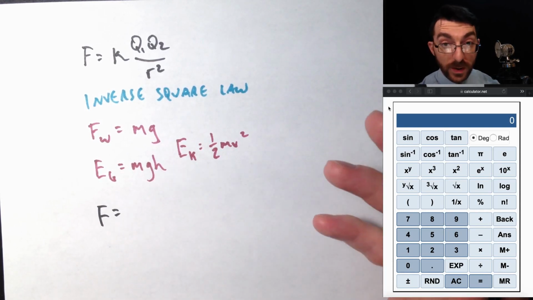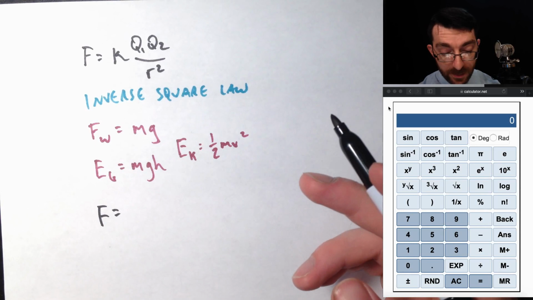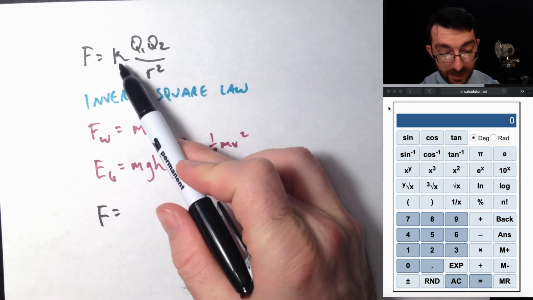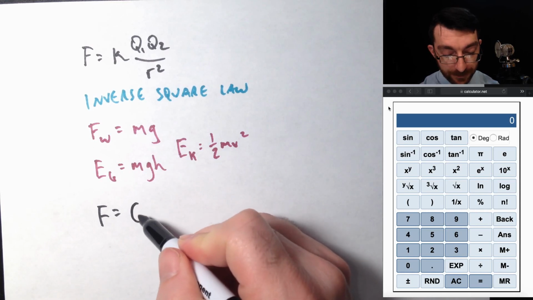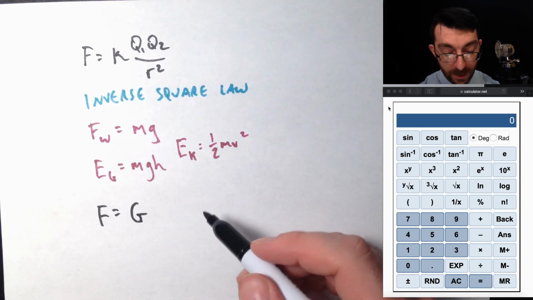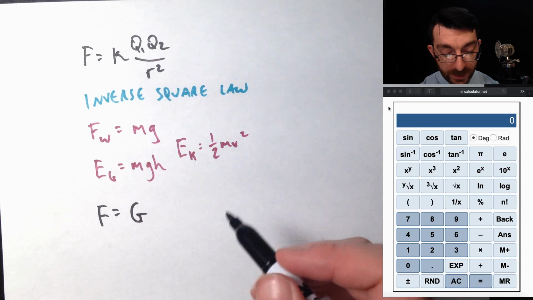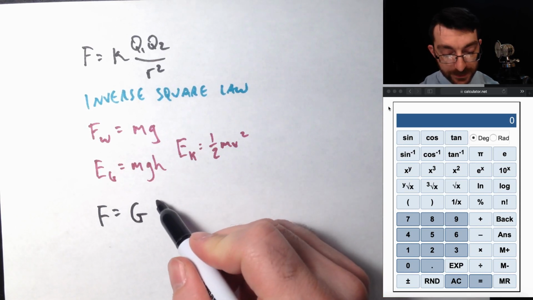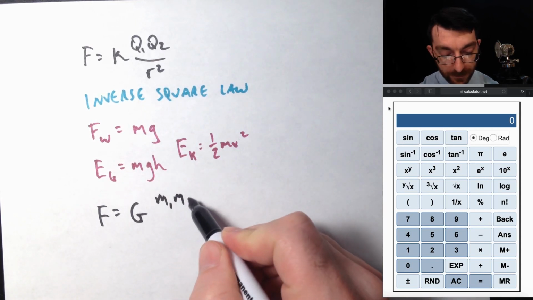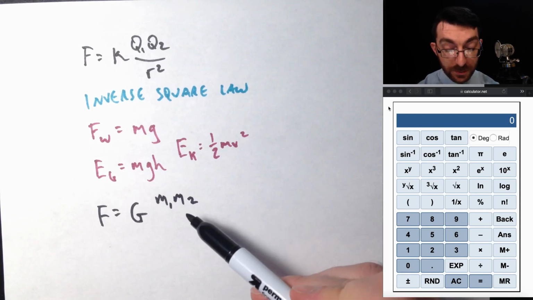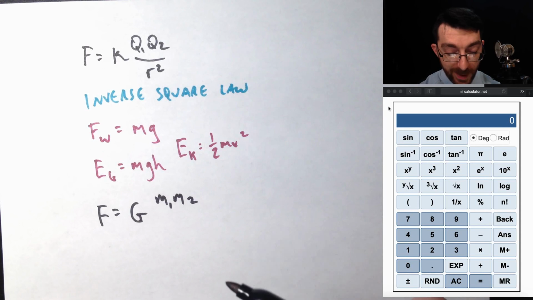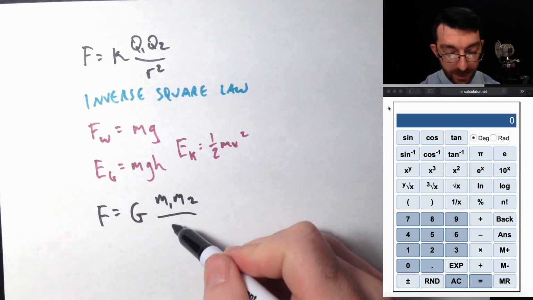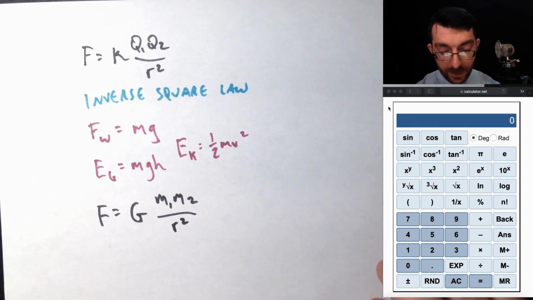We have to have a force, and the constant is going to be an uppercase G. Then instead of two charges, it will be two masses, because this is a force due to mass, that's gravity, instead of a force due to charge. And once again, divided by the distance squared.